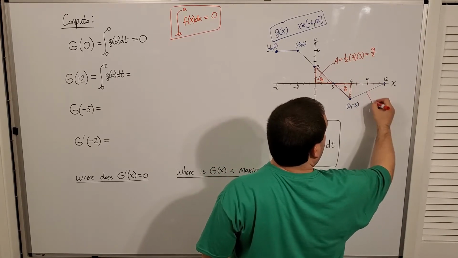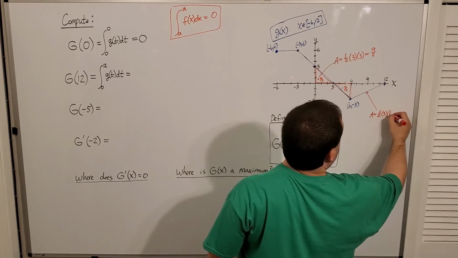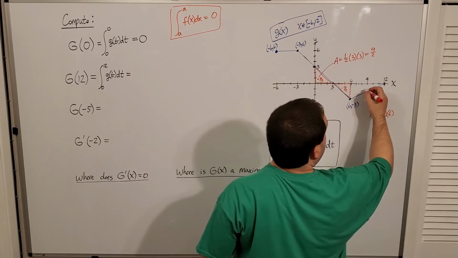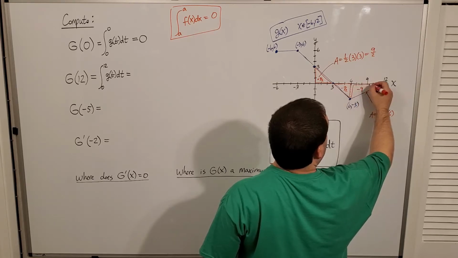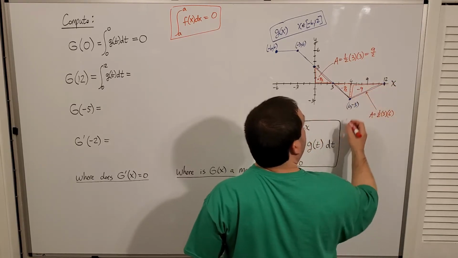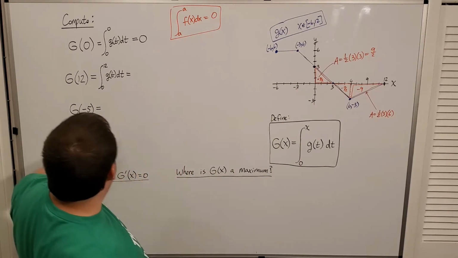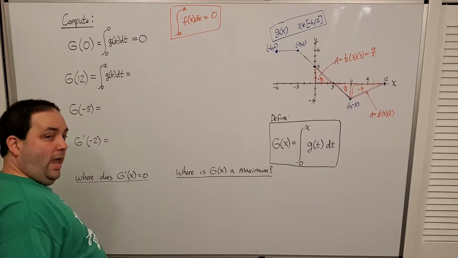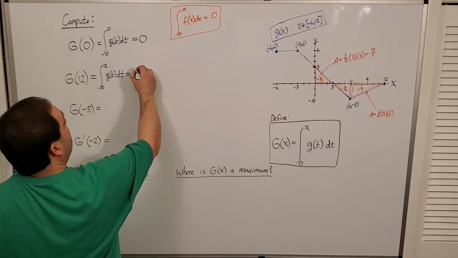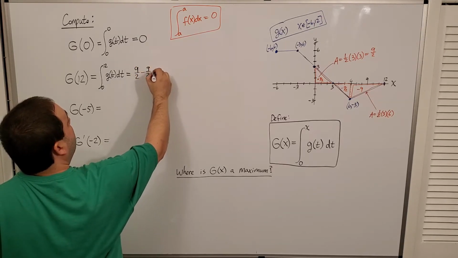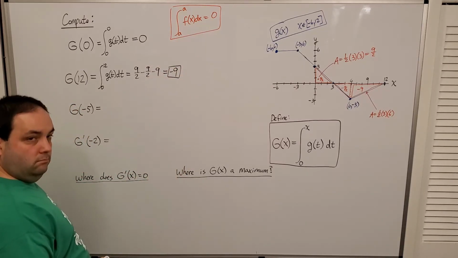So the area for this guy right here is 1/2 times 3 times 6, or just 9, okay? But negative 9 in this triangle region here. So then, if I'm doing the integral from 0 all the way to 12 in this particular problem, that means I'm going to be doing 9/2 minus 9/2 minus 9 for a total of negative 9. Okay?